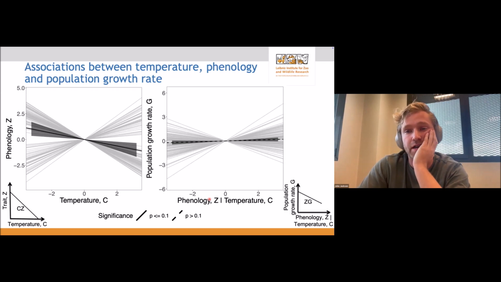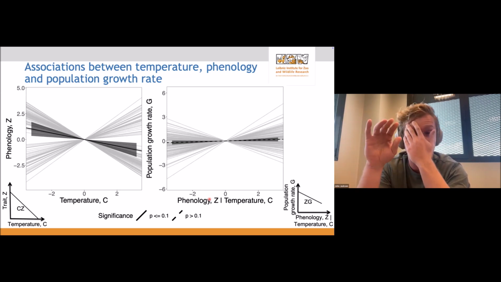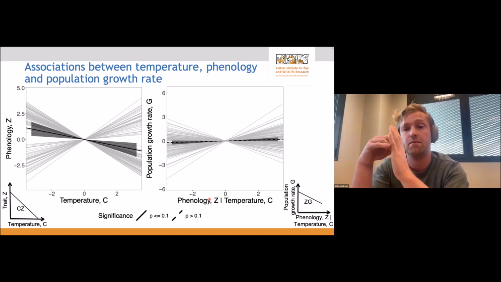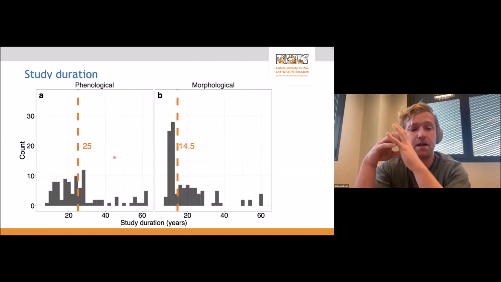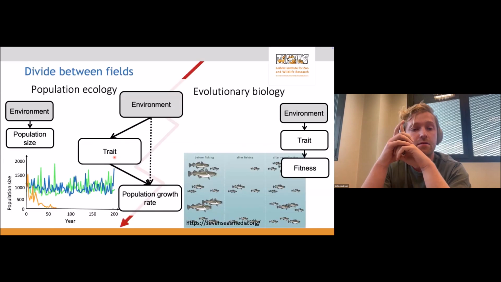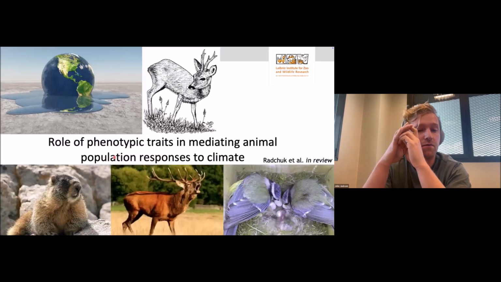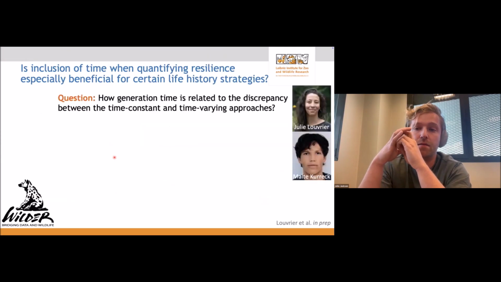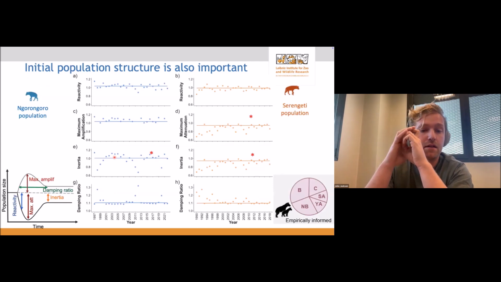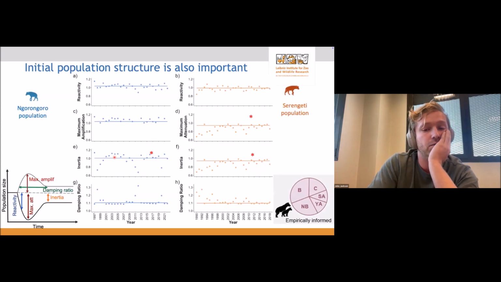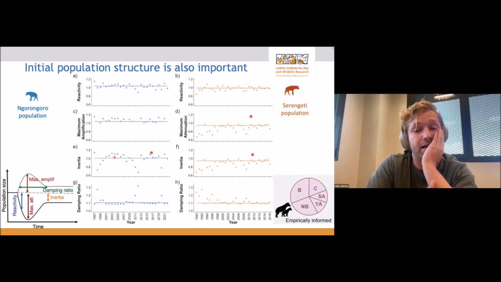I was just wondering about the time varying stuff for the hyena that you presented. In the figure where you had all the resilience metrics changing through time for the two populations, I think it was 2011 or something, there's a dip for the Ngorongoro population, and I guess for Serengeti as well at different times.